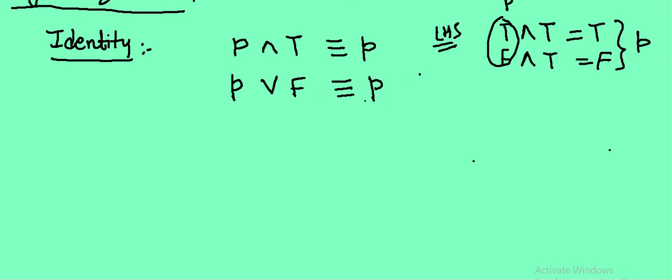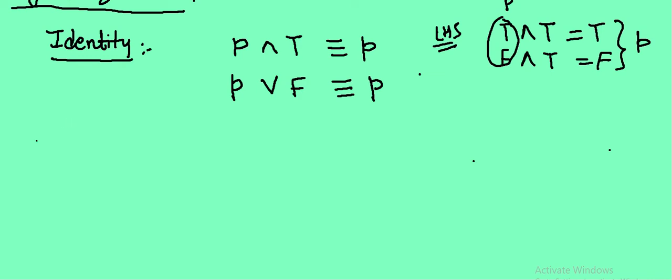And if P is false, then false disjunction false will be false. So again it is proved that these two equivalents are true. I am just giving you the proof, and you can also verify by putting different values of P. Obviously, P is a proposition and it can take only two values, either true or false. So this is your identity law.